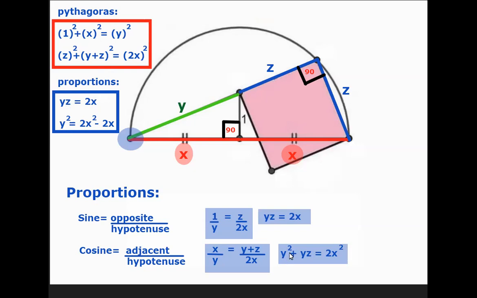So instead of writing y squared plus yz equals 2x squared, I moved yz to the right side, subtract yz, but I know yz is 2x. So I write down that y squared is 2x squared minus 2x. So here are 2 relationships that I'm going to use for proportions.